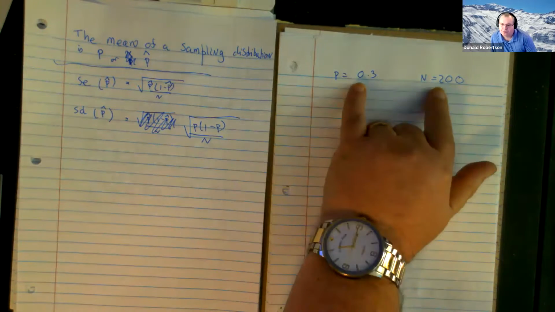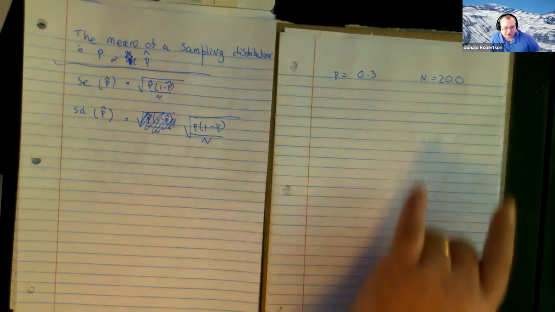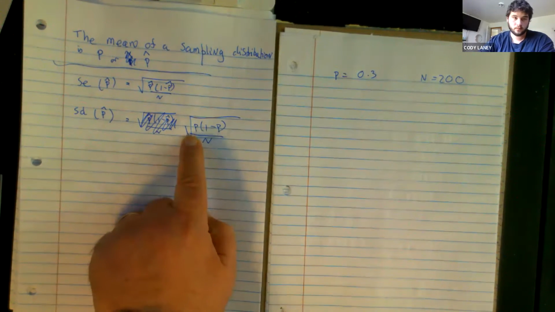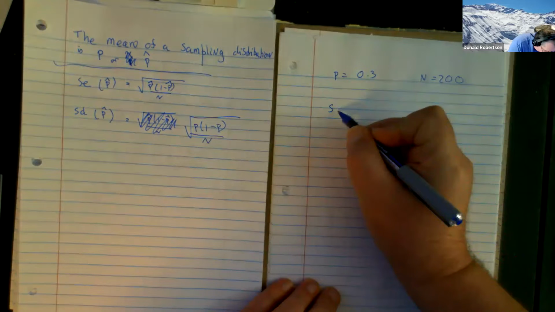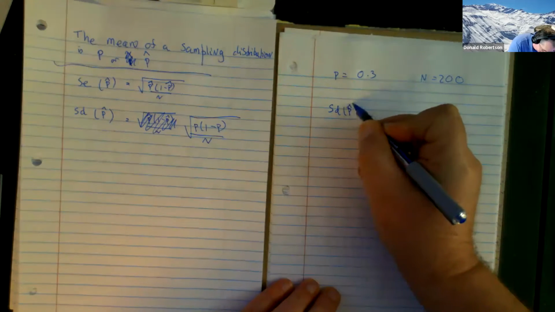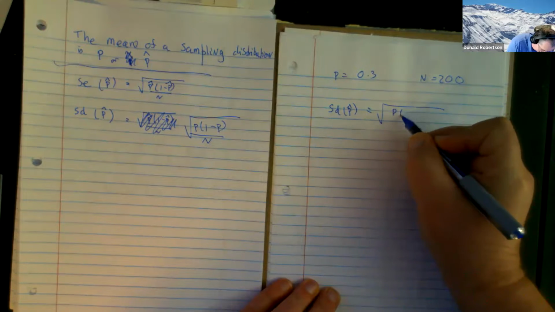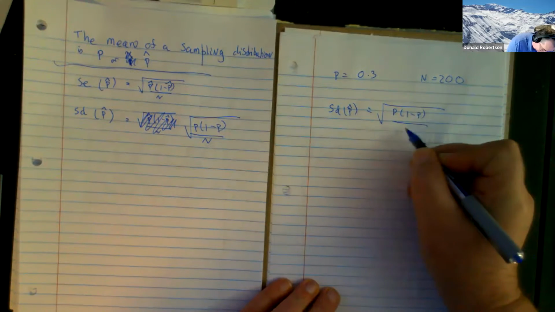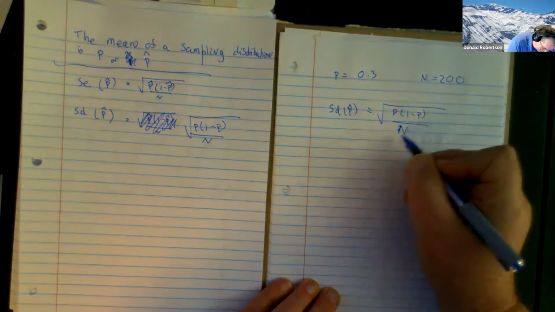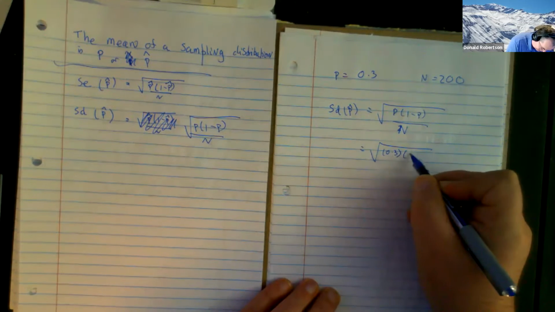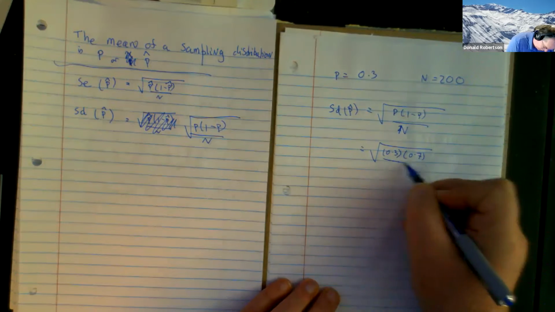Which one of those two do you think you're going to be asked if this was the introductory? Say again? Standard deviation. Right. So the standard deviation of the sample, if you take one, would be the square root of P(1 minus P) over N. So it would be 0.3 times 0.7 over 200.